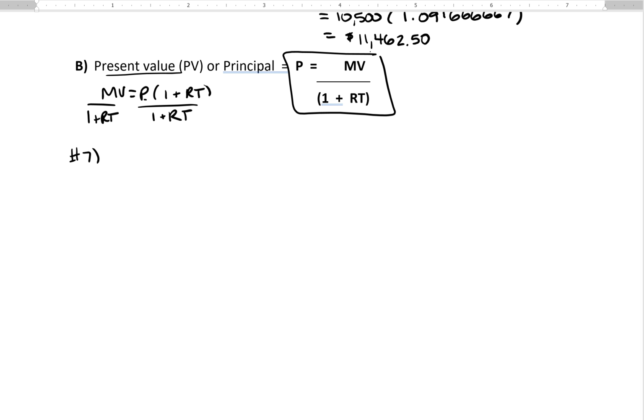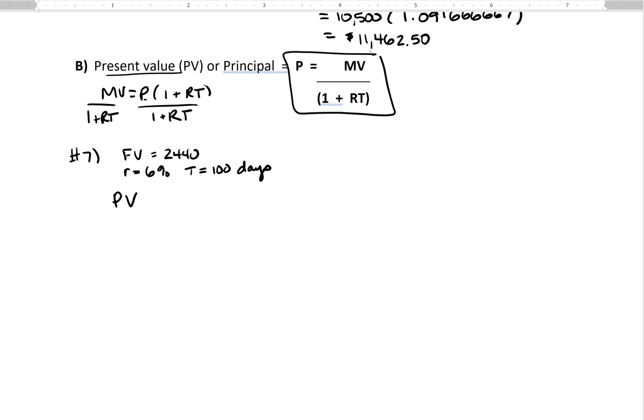Number 7 gives you a future value of $24.40, and it gives you a rate of 6%, and it tells us that time is 100 days. And they want to solve for the present value, or the principal.